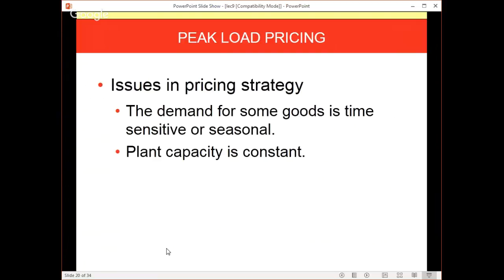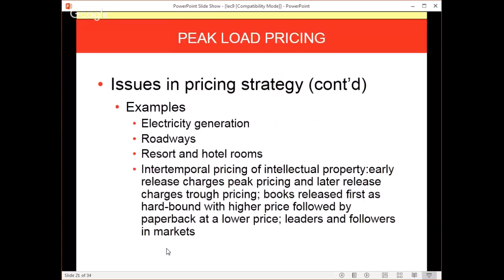Basically, these are things that are going to determine different elasticities at different times. Examples are electricity generation, roadways, resorts or hotels. Some of you might work in a hotel or resort, and you know that during the winter the price goes higher, but during the fall and spring it drops, and summer I guess it depends.